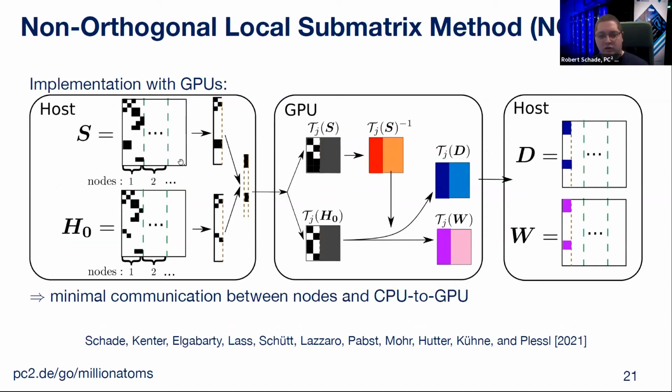Here's a short sketch of the implementation. Starting from the left, we have on the host the overlap matrix and the Hamiltonian. From those, we generate their sparsity pattern, basically performing the steps of the submatrix construction in the sense of knowing which columns to take. Then we only transfer this column information to the GPUs. In the GPUs, we construct the matrix elements of the submatrices and then go further in the individual steps.